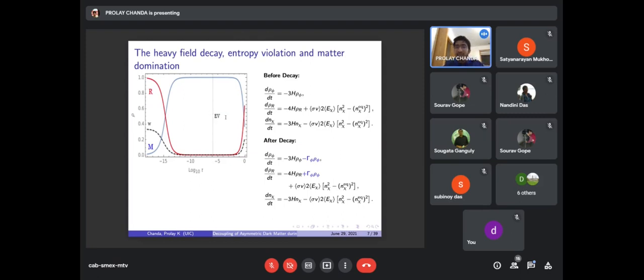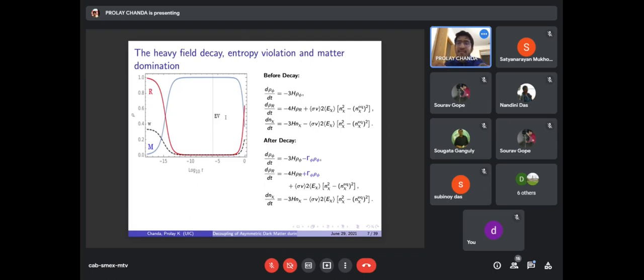And what is the entropy violation? The phi field will come to dominate the energy density, it will dominate for some time, and then eventually it will decay into radiation, into lighter particles. As you know from thermodynamics, if it creates new lighter particles, it increases the entropy of the bath.